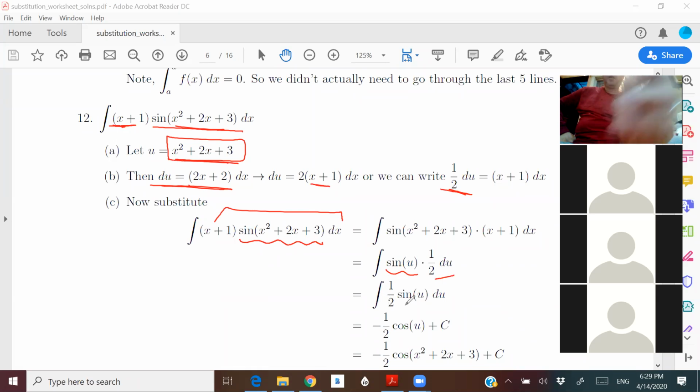Again, it was x plus 1 into sine of blah blah blah, okay? The expression inside the sine is replaced by u. Now what is du?